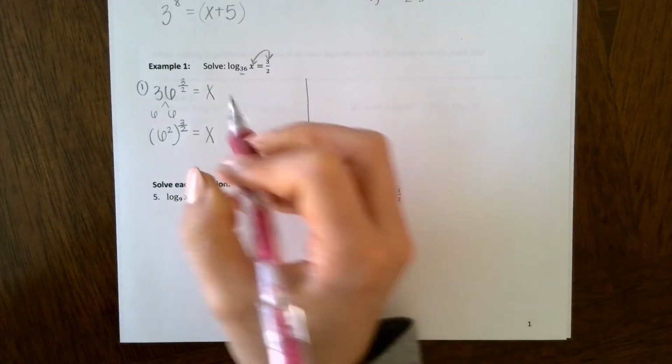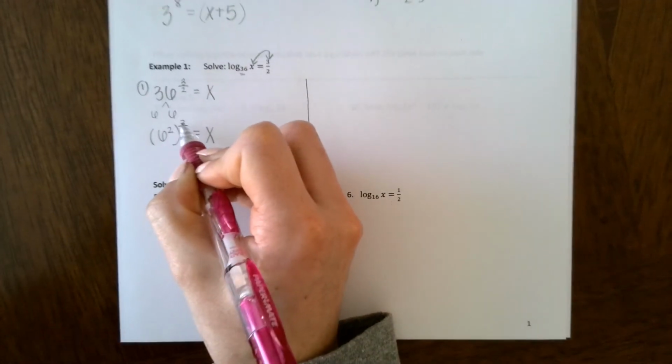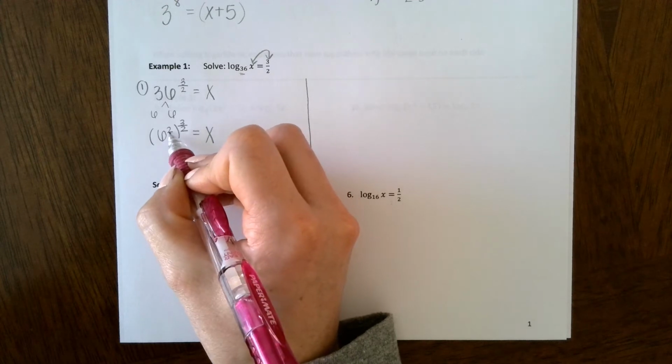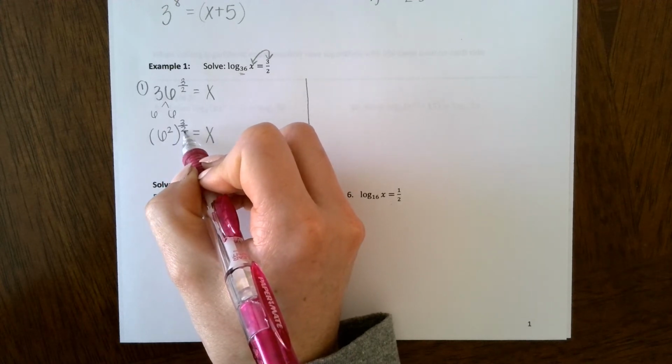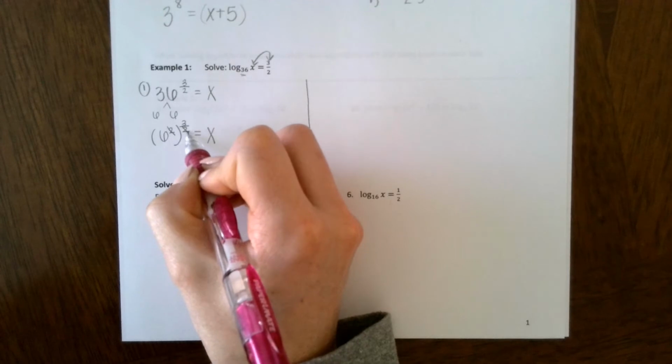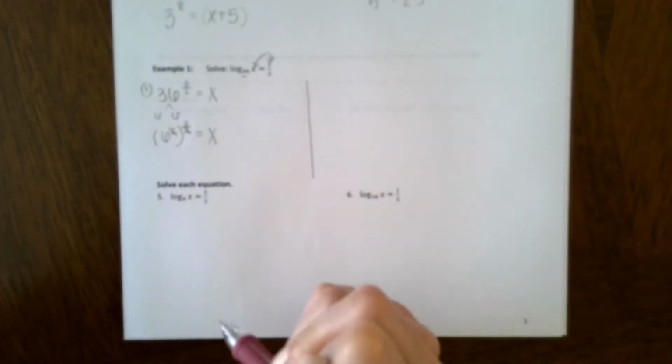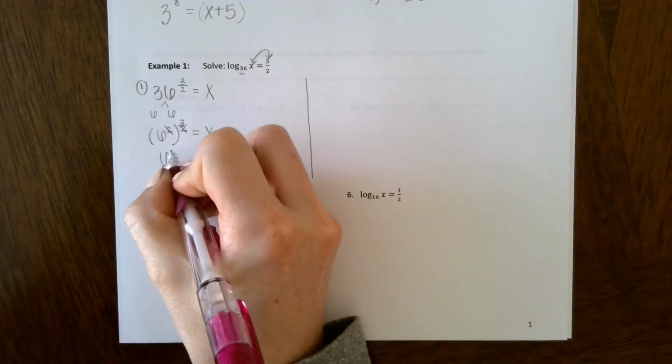We've learned in previous units that when I have two exponents right next to each other, they multiply together. So I'm doing 2 times 3 halves. What should happen here is that these 2's should cancel, because this is just like 2 divided by 2. So I am left with 6 to the 3rd power.